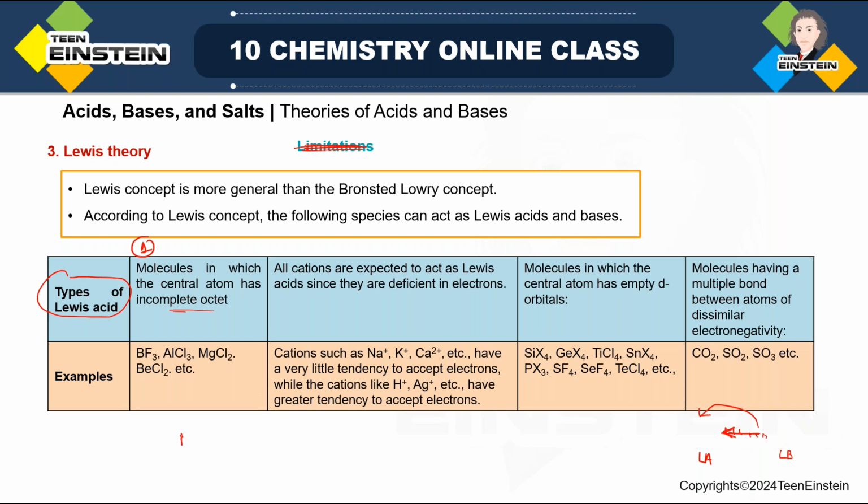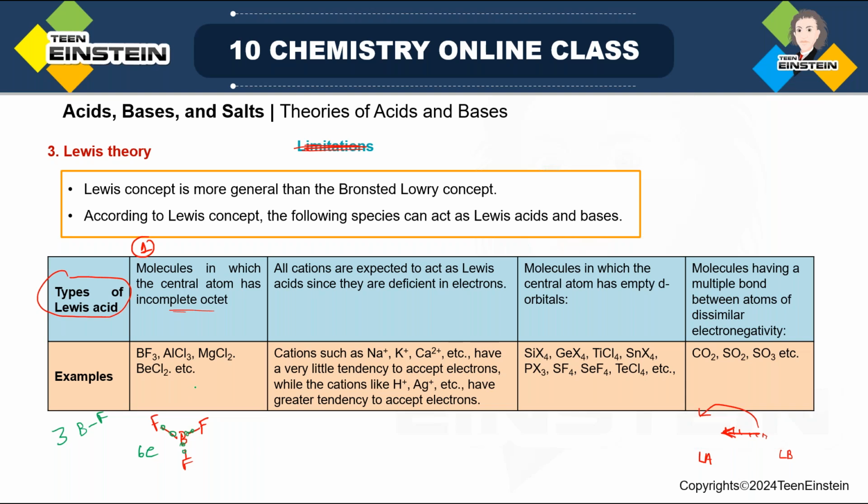A very good example of a Lewis acid, which you will always see in all the books, is present here. The central atom is boron, obviously. Why is it lacking 8 electrons? In each bond there are 2 electrons, and there are 3 B-F bonds, so surrounding boron the total is 6 electrons, which is lesser than 8.